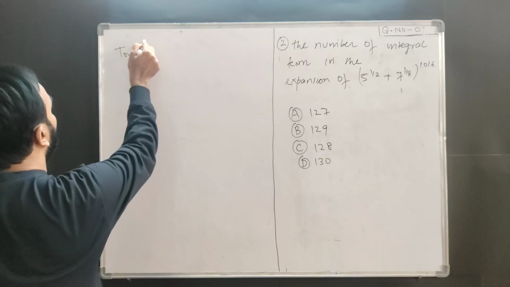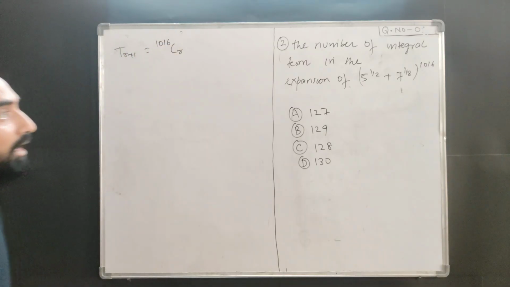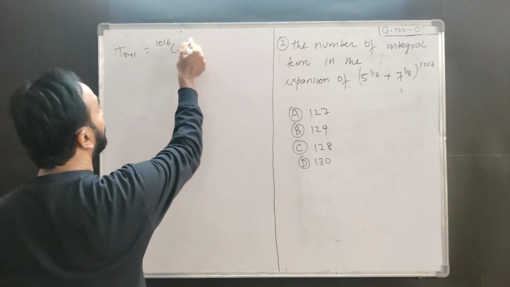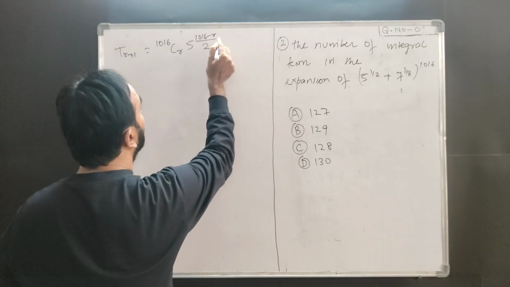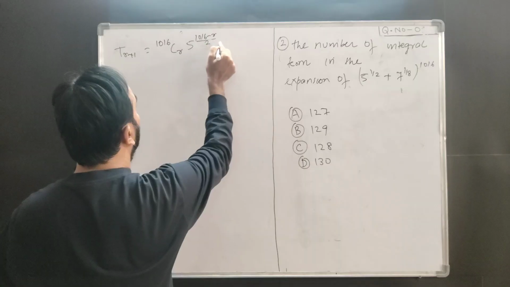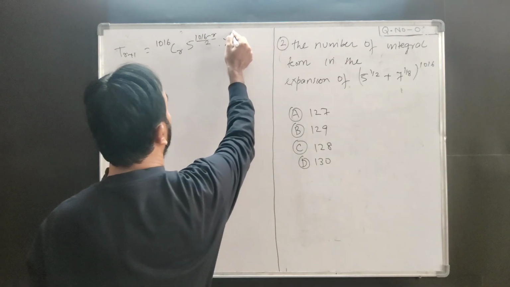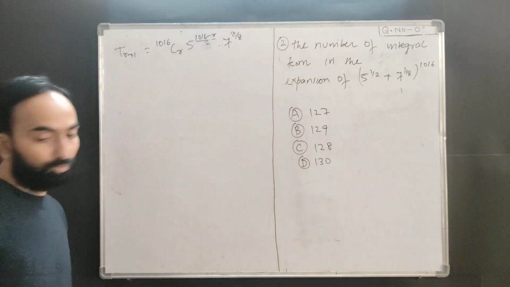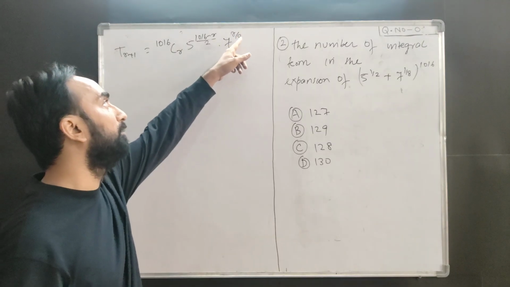So t(r plus 1) is equal to 1016Cr, 5 to the power (1016 minus r) by 2, and 7 to the power of r by 8. Now for making it an integral term, r should be a multiple of 8.